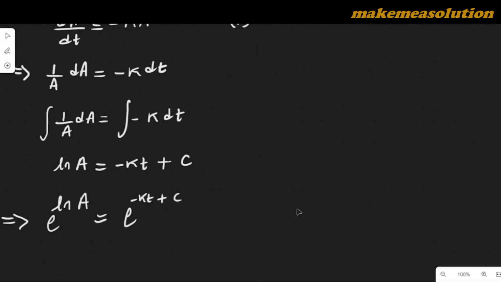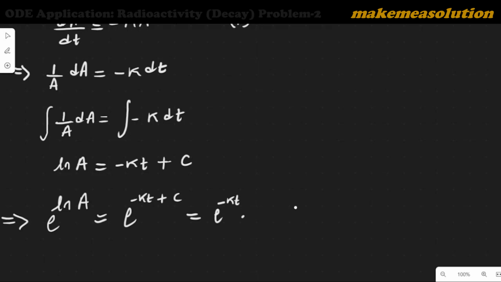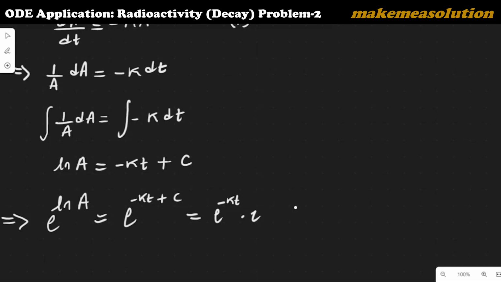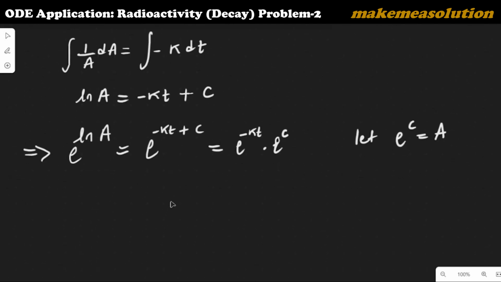So of course you still remember that exponential negative KT plus C is exponential negative KT times exponential C. So we can call this particular exponential C A, for instance. I can call it A naught, but I want to call it A for a reason I'll show you later.